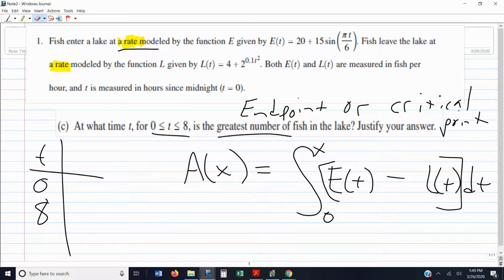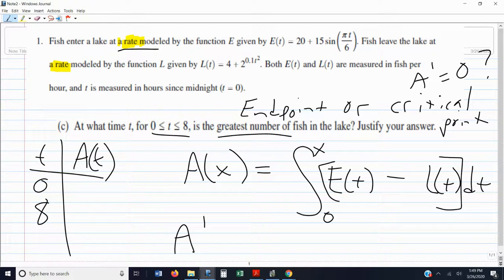Let's start with still finding that critical point. Our endpoints are in the chart, and then we know we're going to use this A of x, which will be A of t over here, to find the change in the number of fish in the lake. And we want the critical point. The critical point is where the derivative is 0. So where is A prime equal to 0?